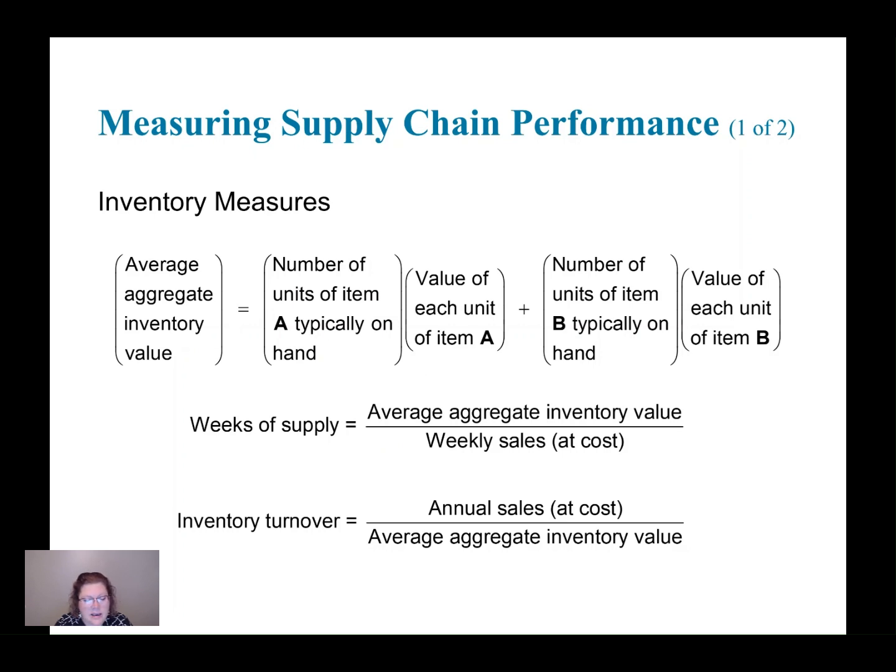As an inventory manager or supply chain manager, you want inventory turns to be high because inventory turns will relate to your financial measures. The faster you can turn something from a raw material into a finished good and then a finished good into a sold product, you want that turnover to be quick because that gives you better cash flow.